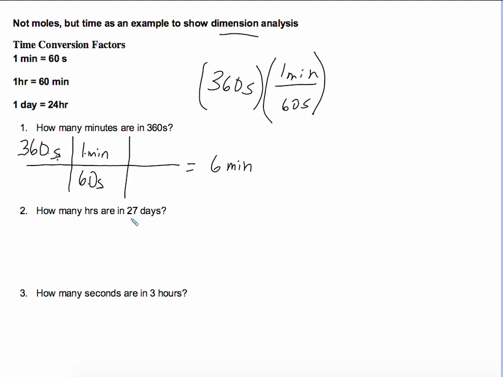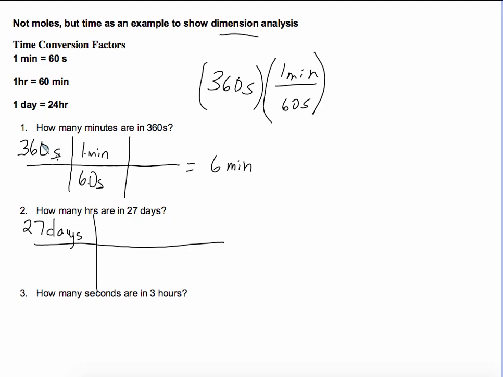Okay, number 2. How many hours are in 27 days? Step 1 always in this unit is to write down what the problem gives you. 27 days. Draw the picket fence. And then we're going to look for a conversion factor that works. And so we look, and this one is minute to seconds. No, we need one with days. So we look and we find this one has days in it.